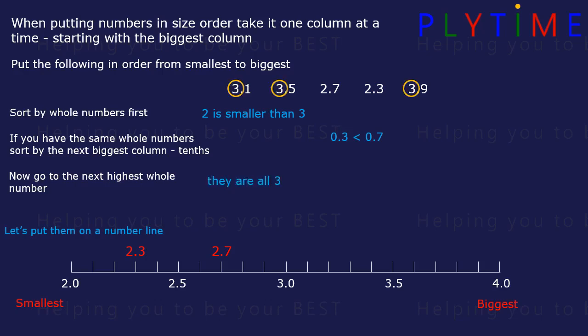All of these numbers have 3. So now we need to sort by the tenths column. We compare 0.1 with 0.5 and 0.9. 0.1 is less than 0.5, which is less than 0.9. Now we can add them to the number line. 3.1, 3.5, and the biggest is 3.9.